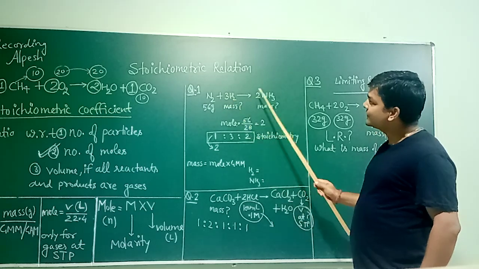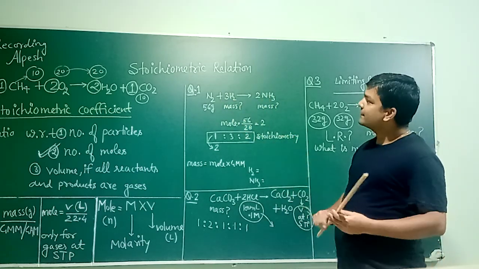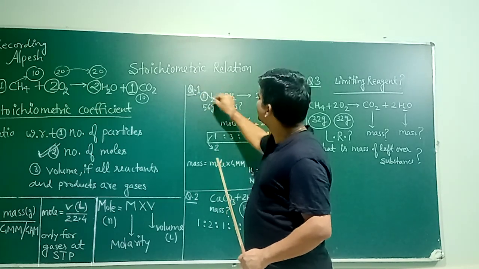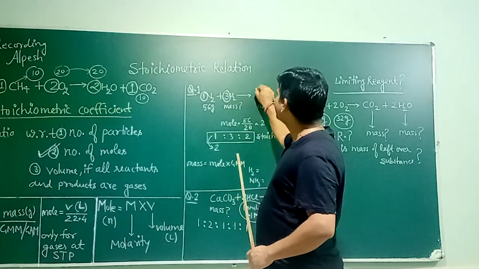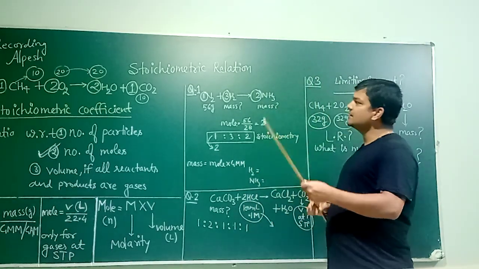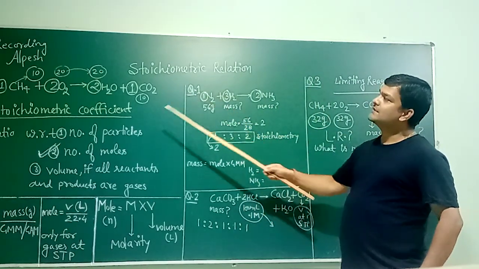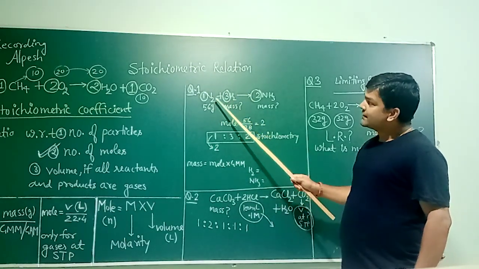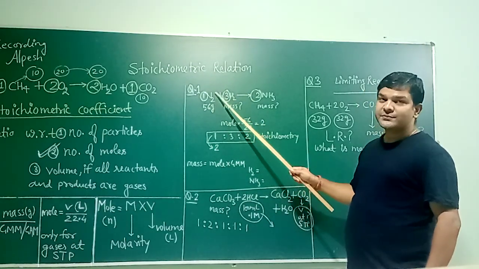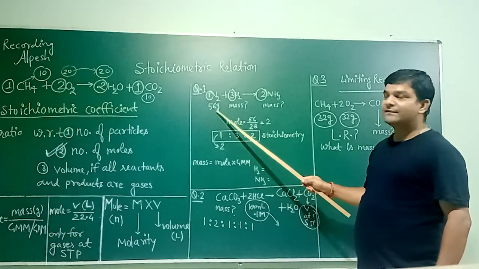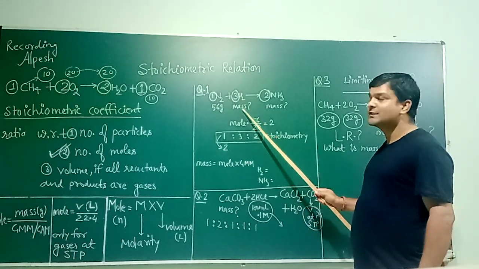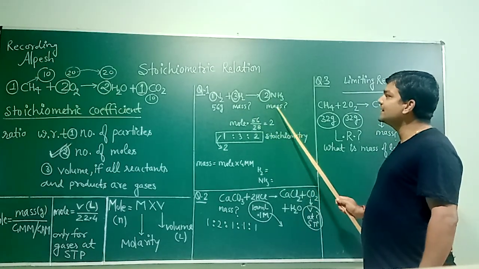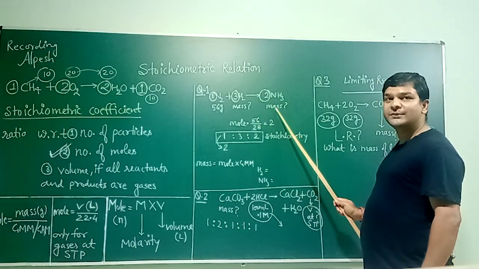In the balanced chemical equation, the stoichiometric coefficient of nitrogen is 1, hydrogen is 3, and ammonia is 2. And this, as we know, is known as stoichiometric coefficient. So the question is: 56 gram of nitrogen reacts in the reaction. We need to calculate how much hydrogen is required in the reaction and what will be the amount of ammonia produced in the reaction.